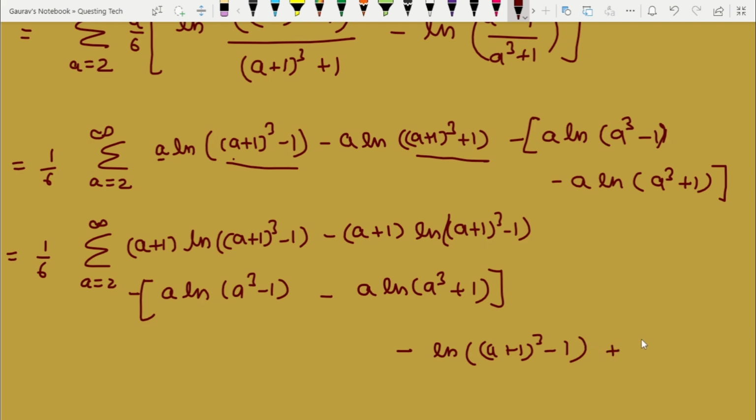So plus ln a plus 1 cube minus 1, sorry, this is plus 1, yes, this is plus 1. So can you see this is a telescopic series?